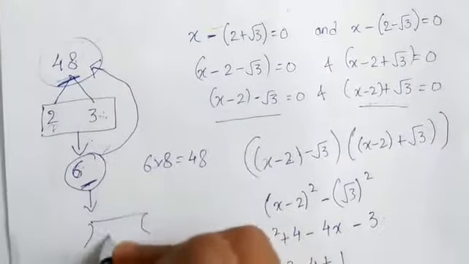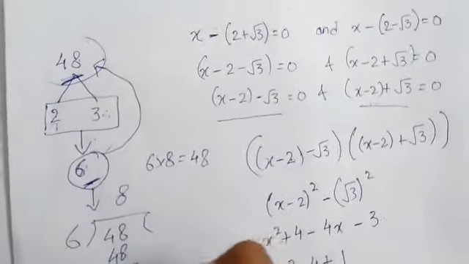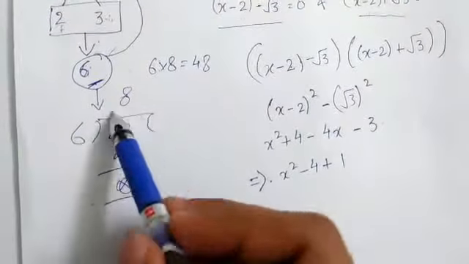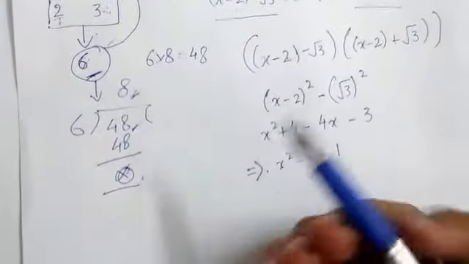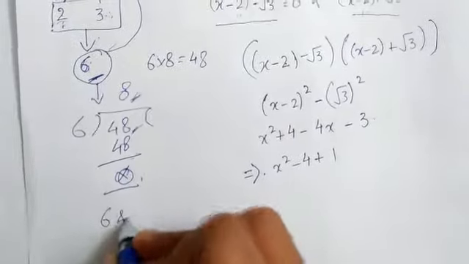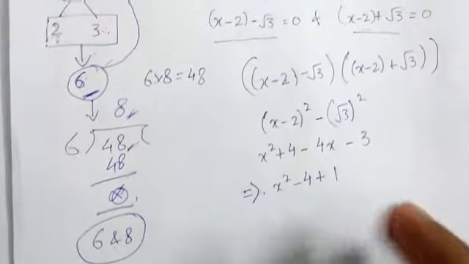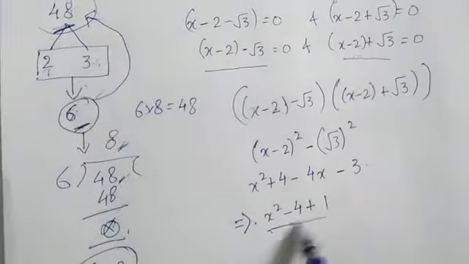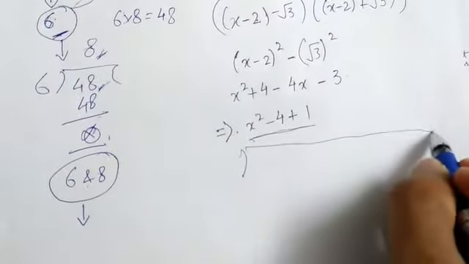If you simply divide 48 by 6, you will get 8, and 8 is also a factor of 48. So what I am trying to say is, 6 and 8 combined, they both are factors of 48. The same concept we use here: this is a factor of the given polynomial. So if you divide the given polynomial by this quadratic equation, you will get the other factor.